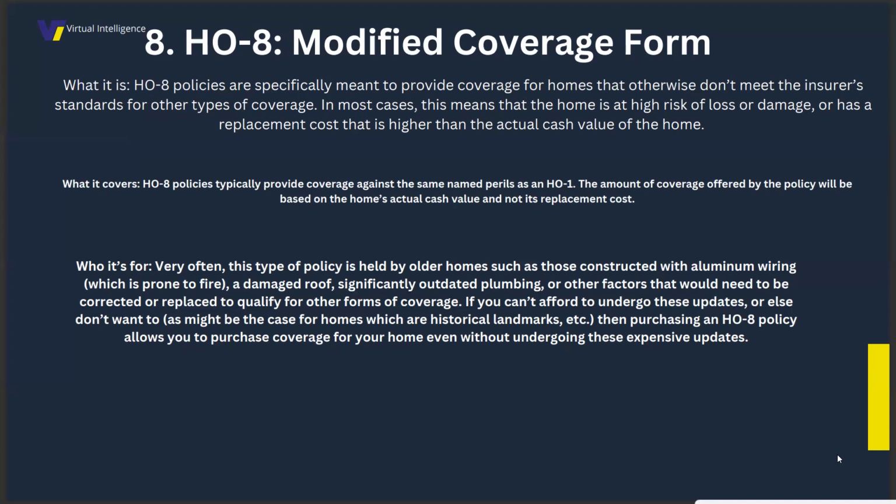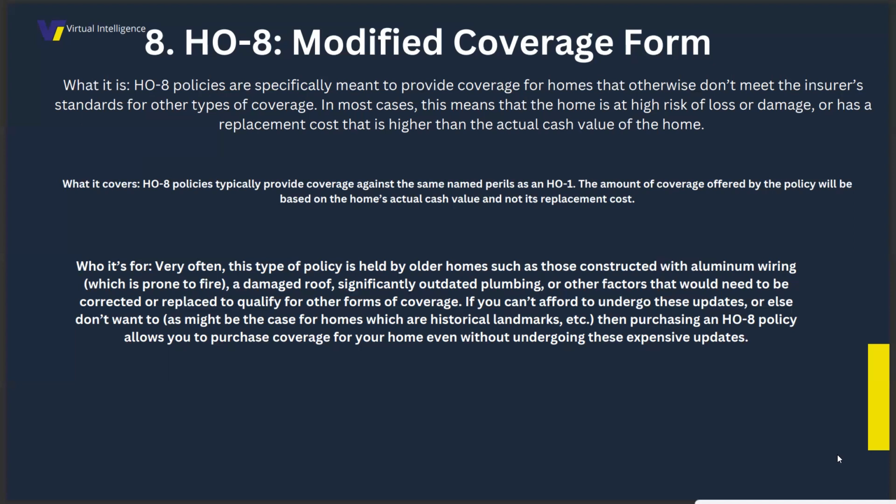Very often, this type of policy is held by older homes, such as those constructed with knob-and-tube or aluminum wiring, which is prone to fire, a damaged roof, significantly outdated plumbing, or other factors that would need to be corrected or replaced to qualify for other forms of coverage.